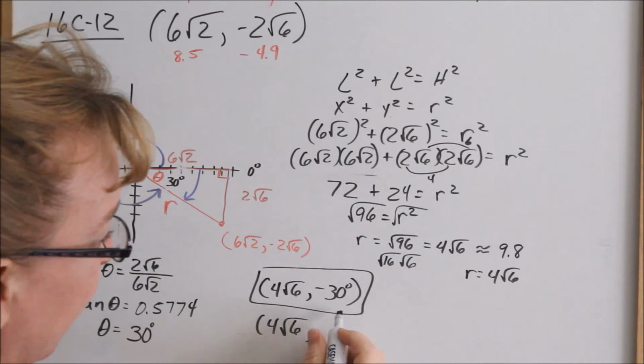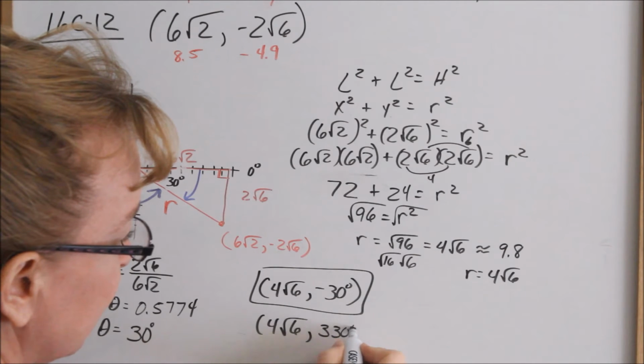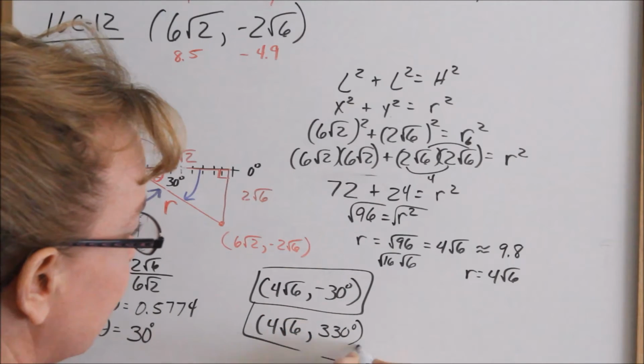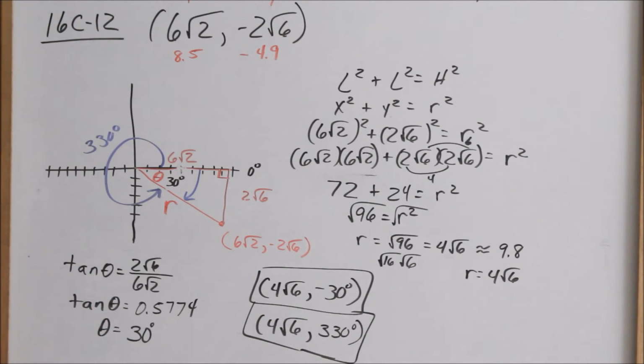So you can write it as 330 degrees. These answers mean the same thing. This is just going in the clockwise, this is the counterclockwise. They will get you to the same place on the graph. They both represent this unit of radius at this angle, which are both in quadrant 4.